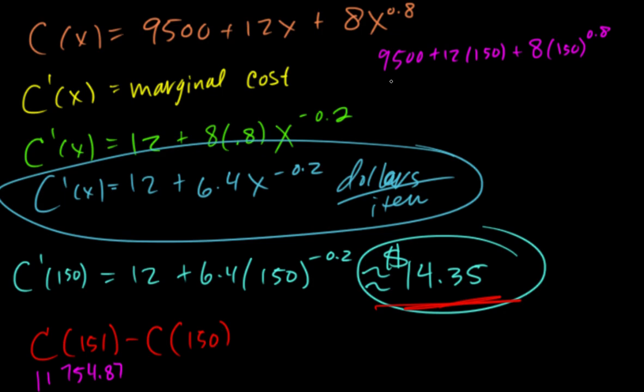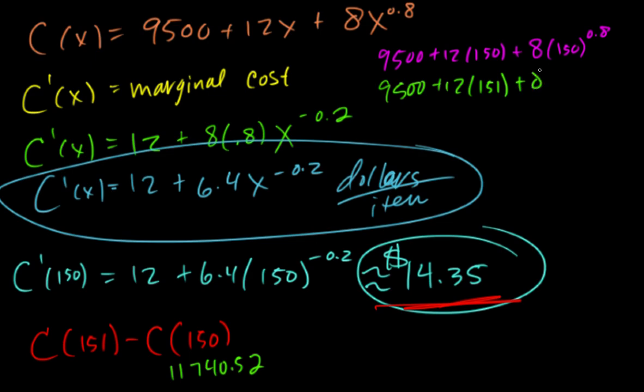And then for 150, we just plug in, oh, whoops, I did plug in 150. Sorry, that one is 11740.52. Then for the first one, we plug this in, and when we do that, we get 11754.87. Subtract those, and we end up with 14.35.